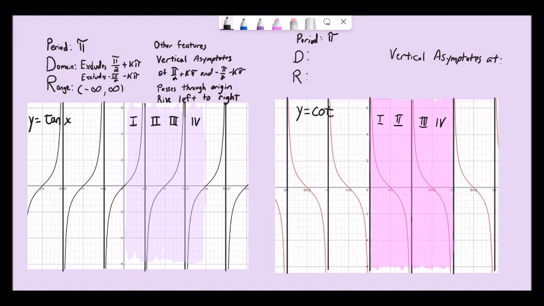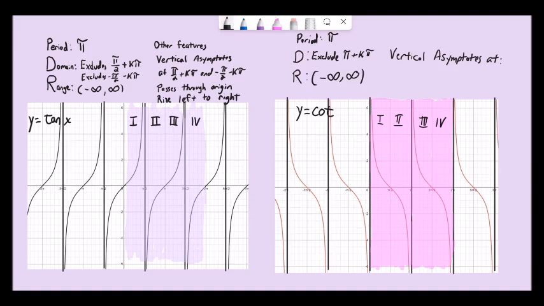The domain is going to include every number except it's going to exclude pi plus k times pi, with k being any integer multiple of pi. The range, again, keeps going an infinite number of times.